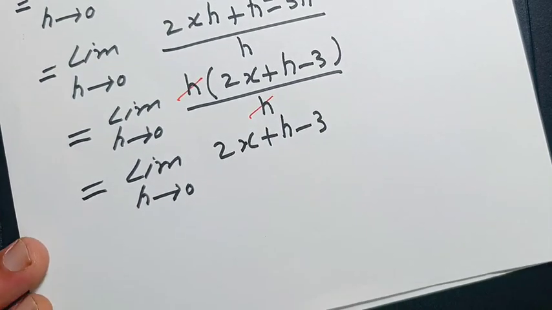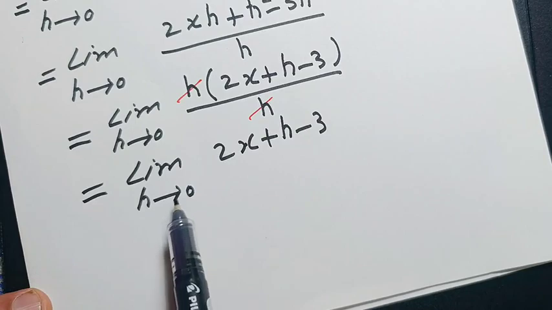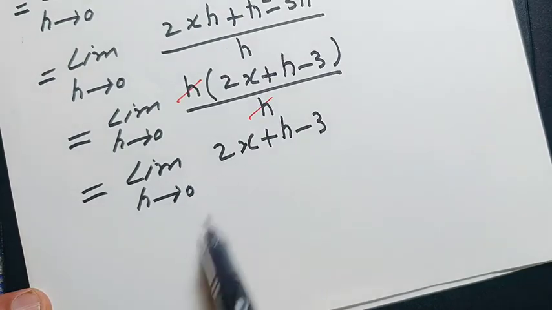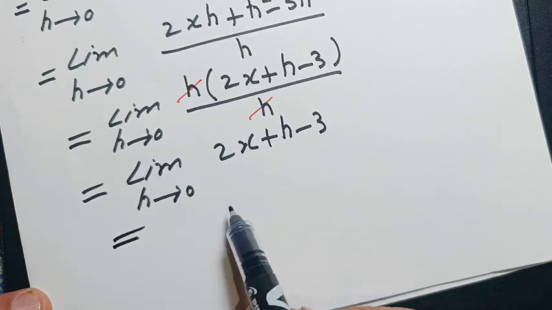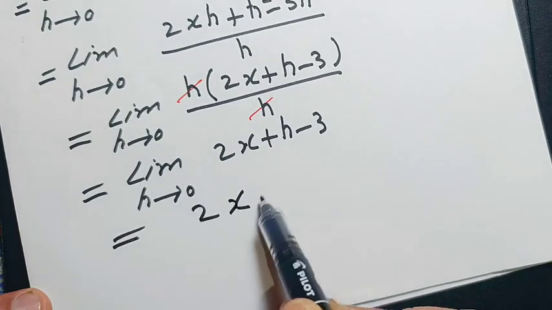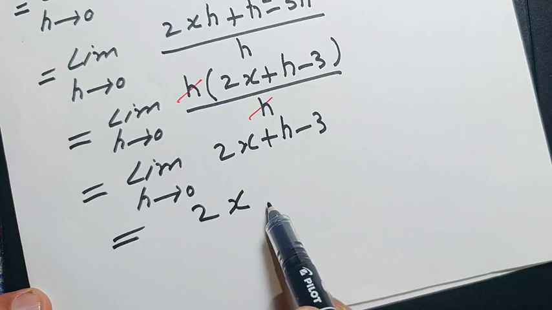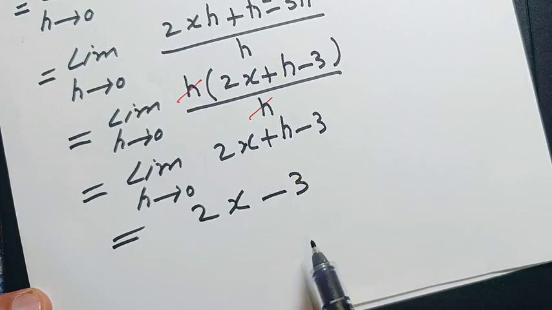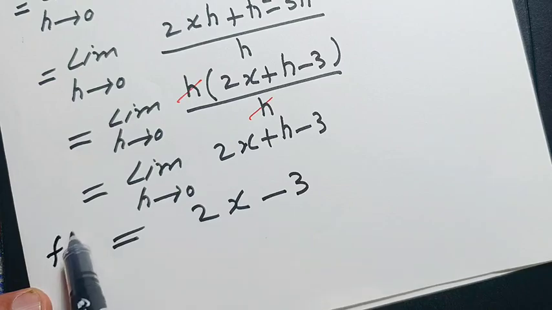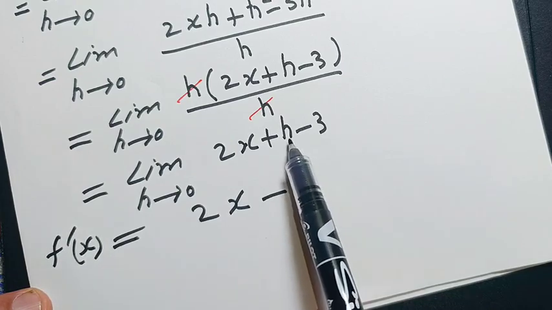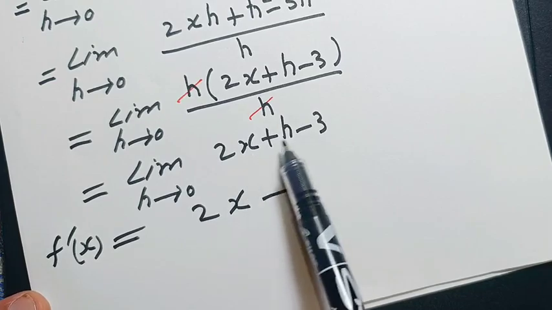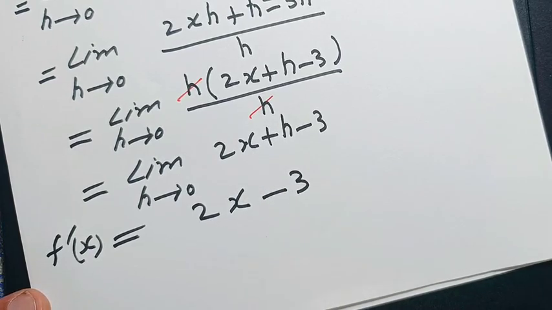Now I'm going to apply the limit. Now you can get rid of the limit. So in place of h I'm going to put 0. So what is left there, 2x negative 3. So this is my final answer. Remember, h becomes 0, so the 2x negative 3, this is my final answer.